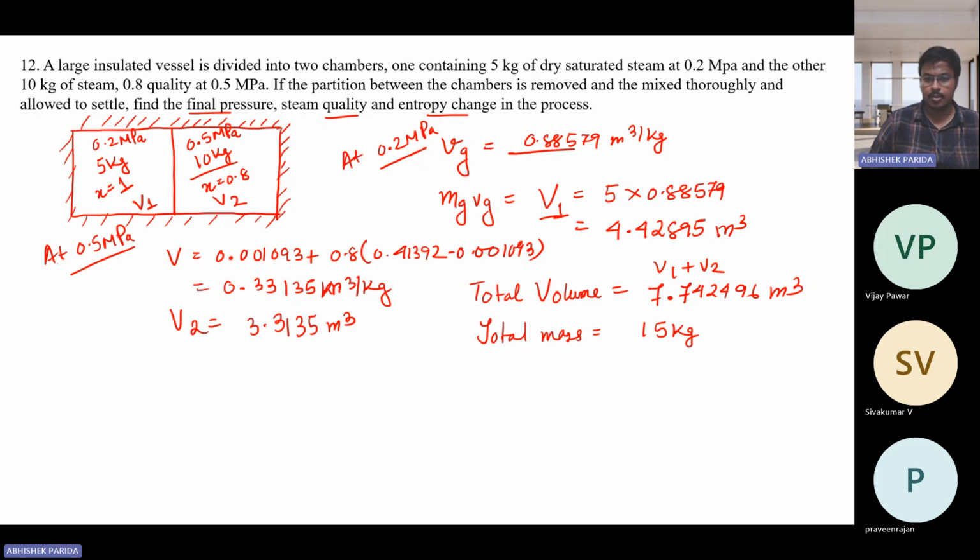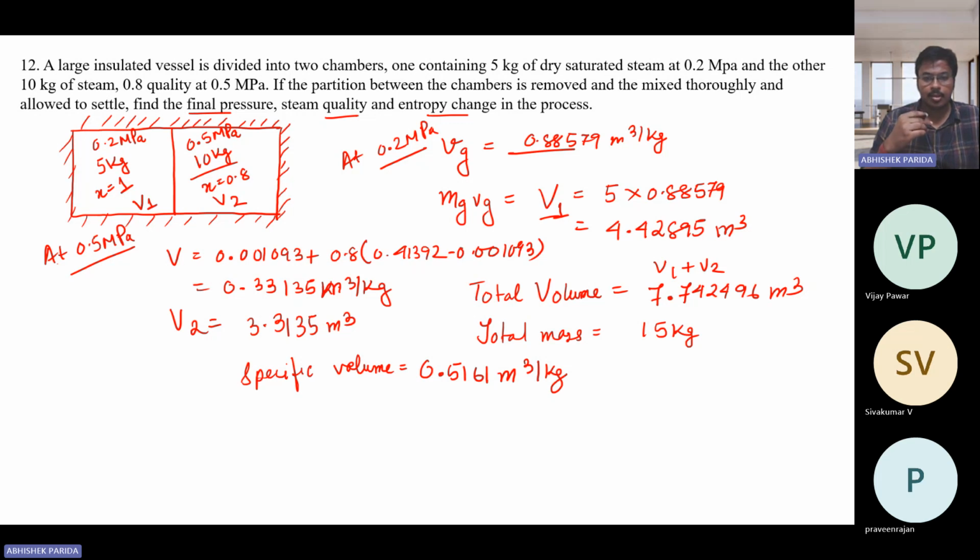Total mass is 15 kg. So the specific volume after mixing is the total volume divided by 15, which is 0.5161 meter cube per kg.